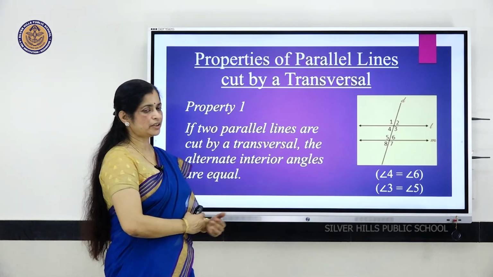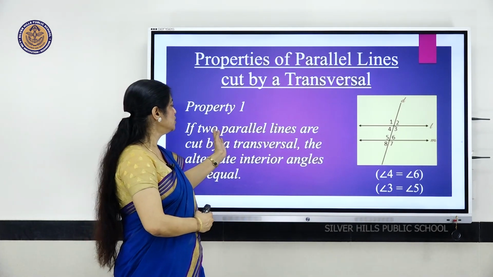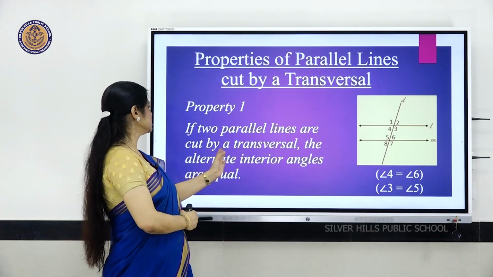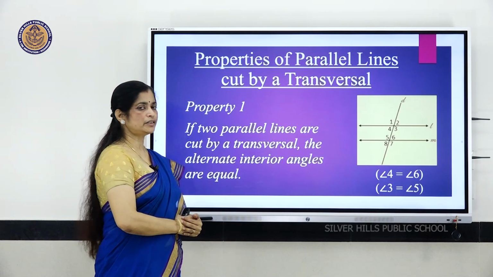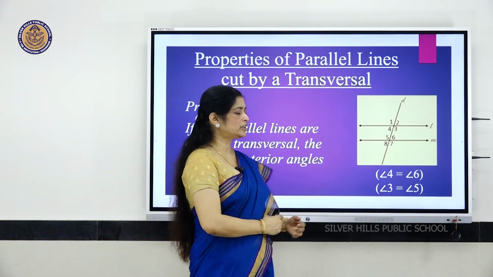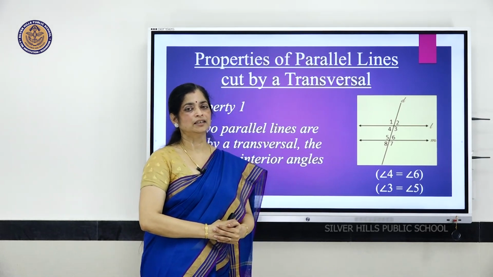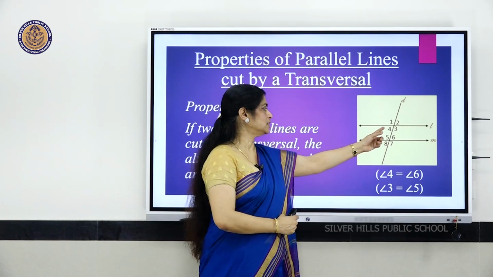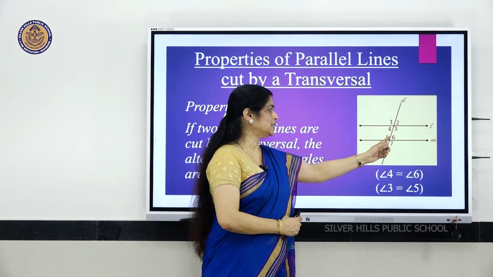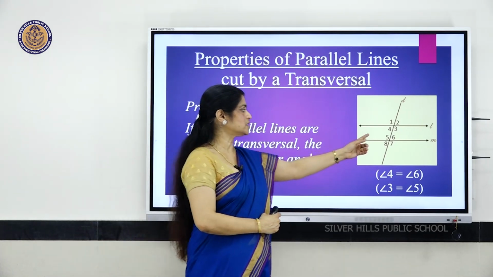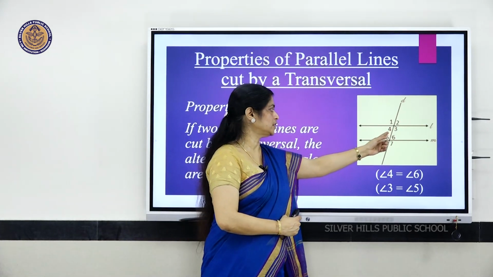The first property is, if two parallel lines are cut by a transversal, the alternate interior angles are equal. Alternate interior angles: the angles which are inside the parallel lines, that is 4, 3, 5, 6, they are interior angles, and alternate angles are 4 and 6, 3 and 5.